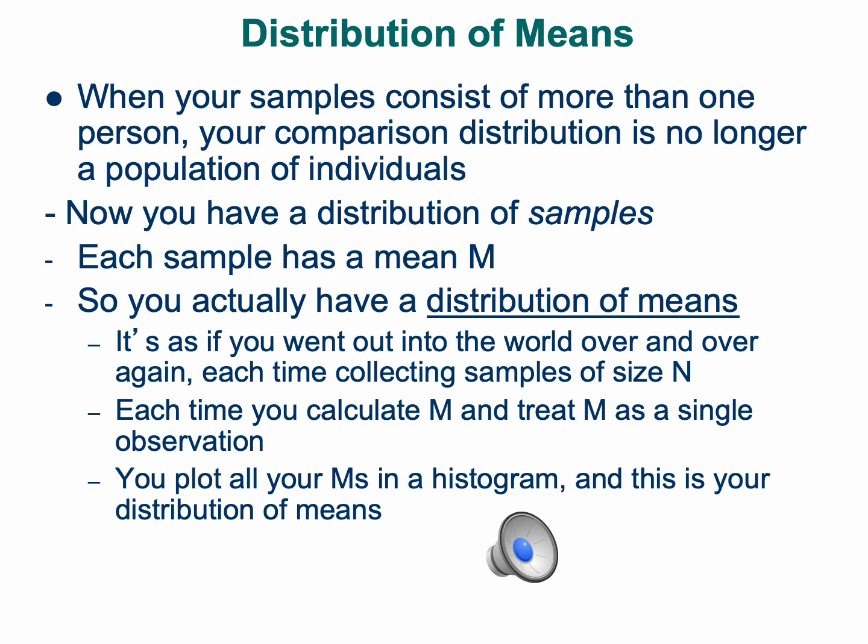Just like the distribution we've seen before with individuals, now instead of individuals, it's going to be this distribution of means. Now this is a reference to how complex the comparison distribution becomes when you go to samples, which is a point that was made a couple of slides before. Now it's not a population or distribution of individuals, it's a distribution of means.